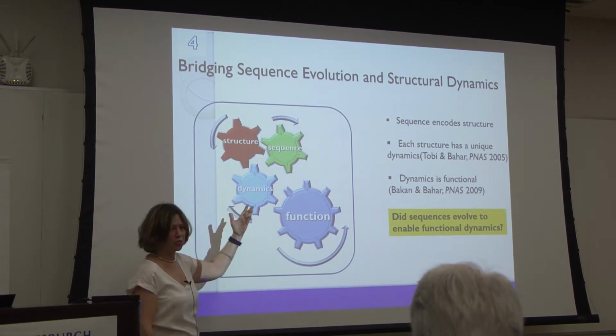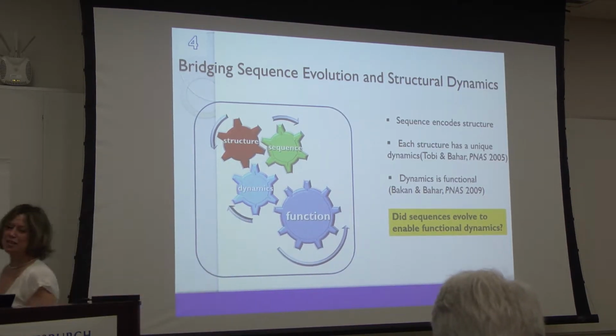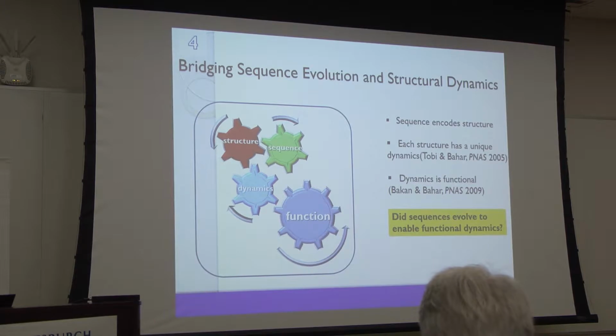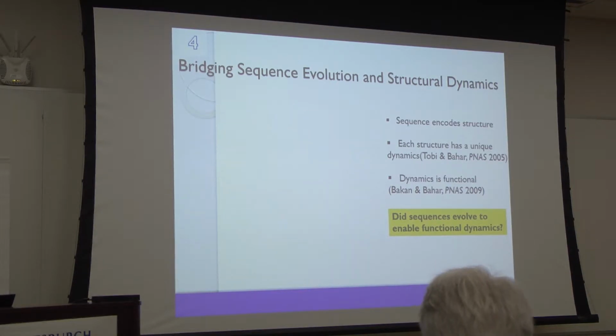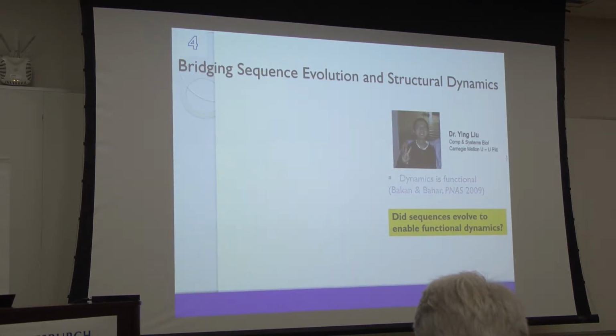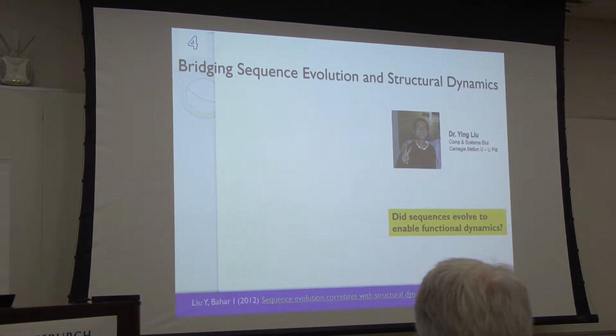So that's the question we raised. So is the sequence optimized, selected to favor functional dynamics, which in turn is actually defined by the structure? Okay, so this was done within the PhD thesis of a former student, Ying Liu, who made major contributions.